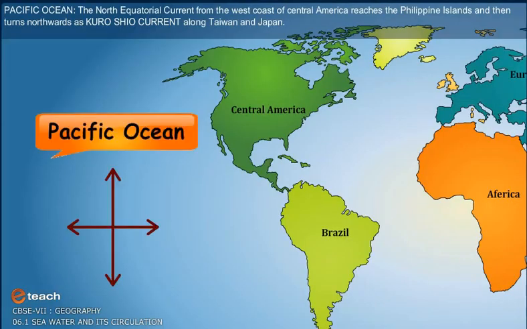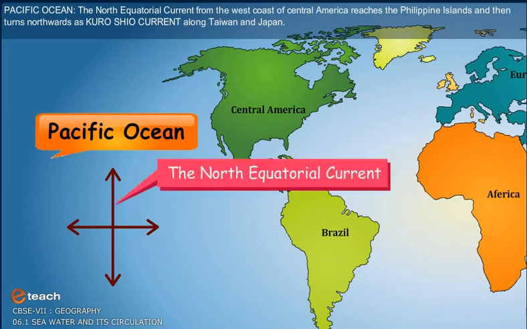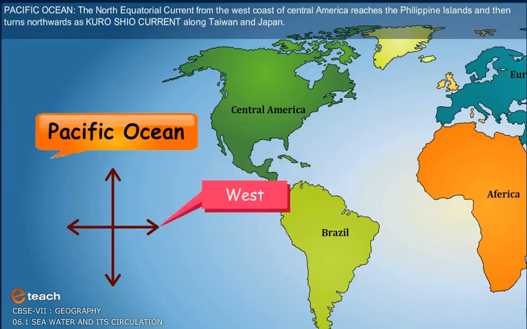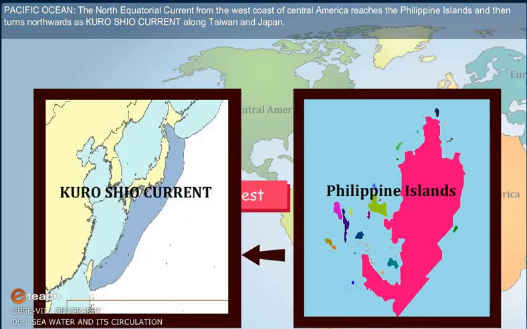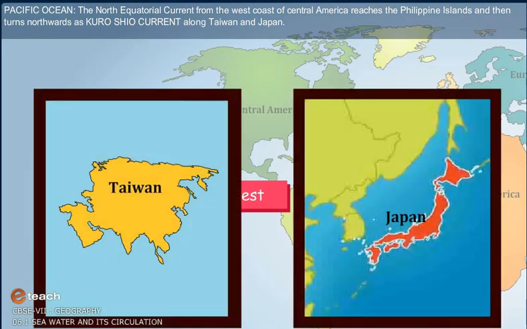Pacific Ocean. The North Equatorial Current from the west coast of Central America reaches the Philippines Islands and then turns northwards as Kuroshio Current along Taiwan and Japan.